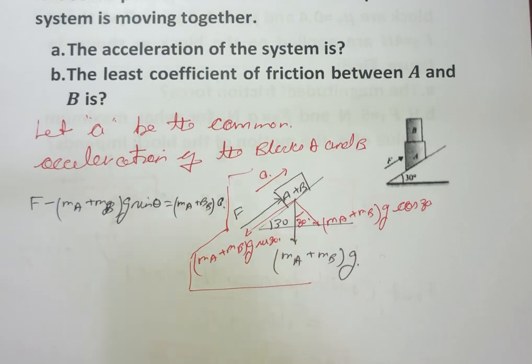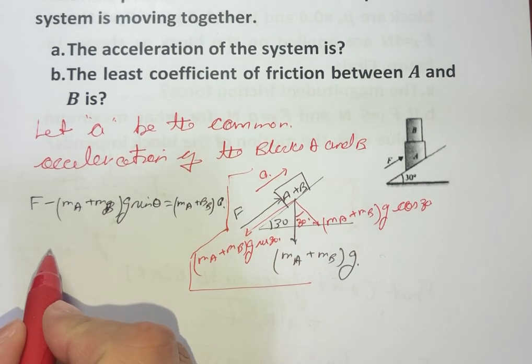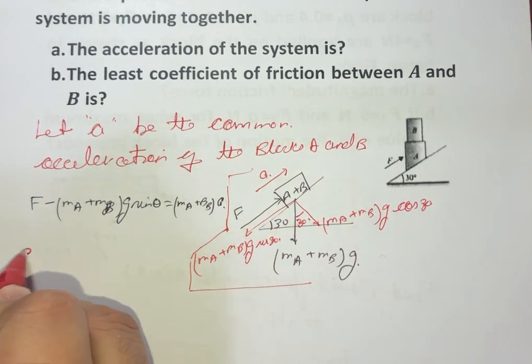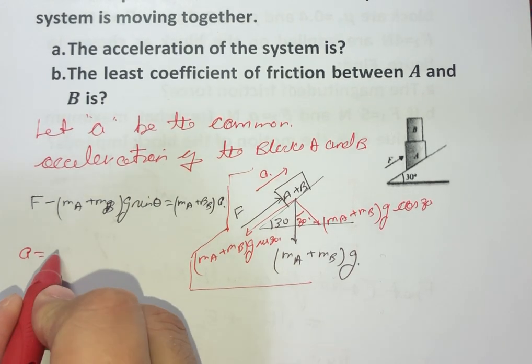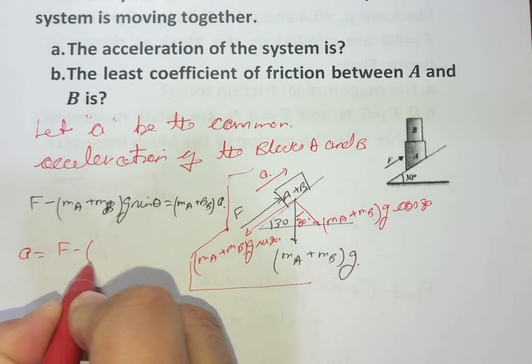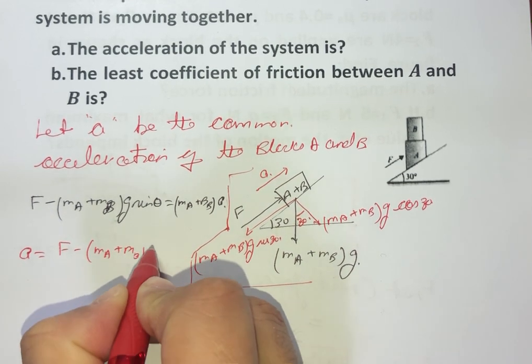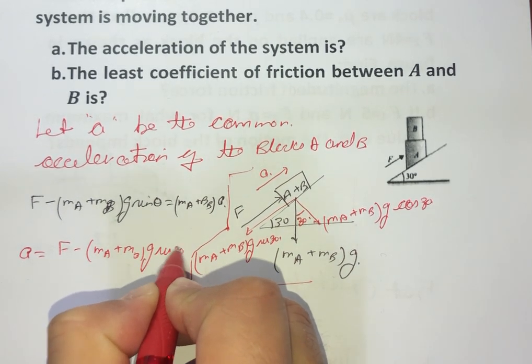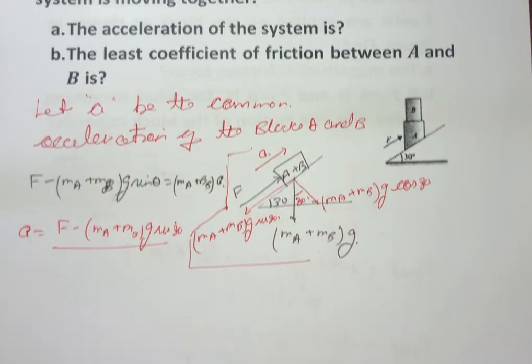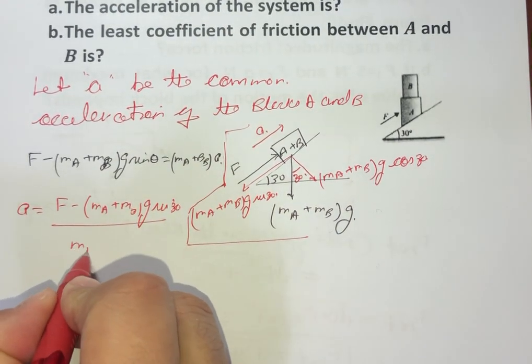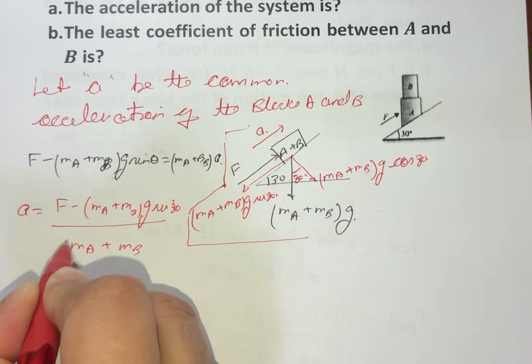So the acceleration A will be equal to F minus (MA plus MB) G sin 30, divided by (MA plus MB).